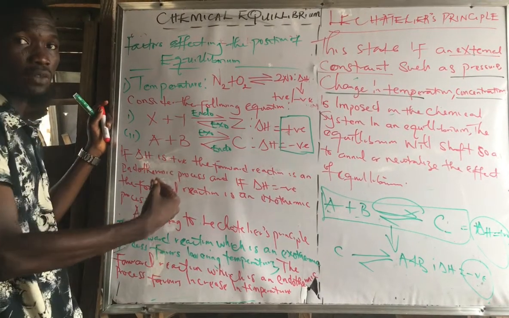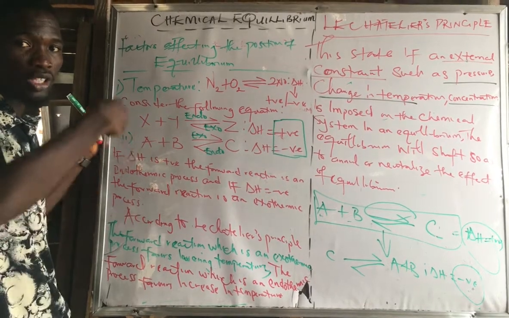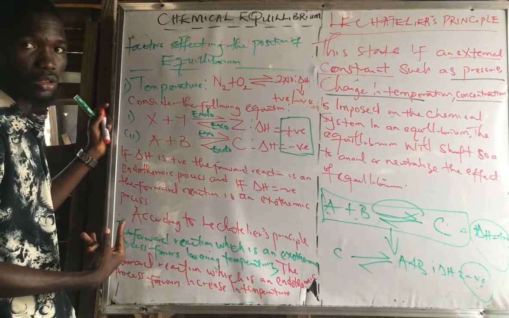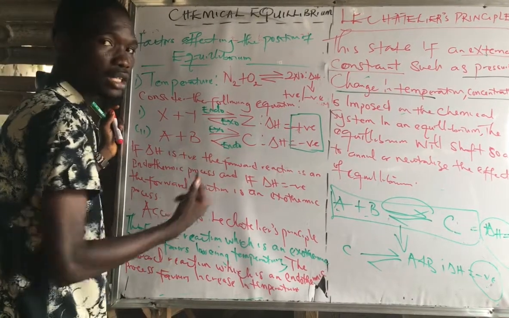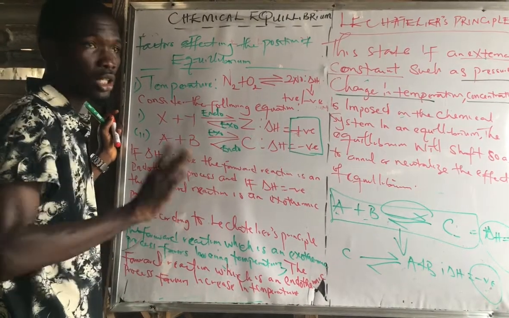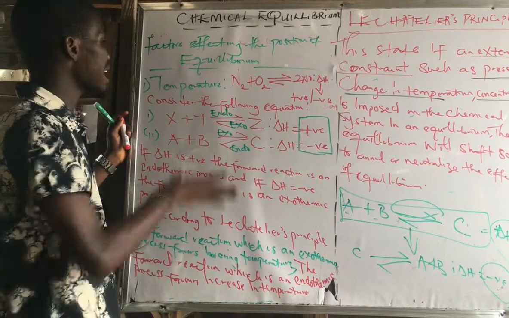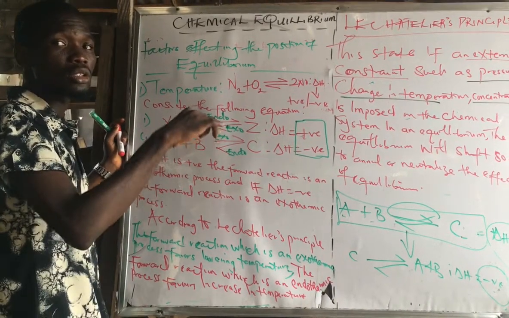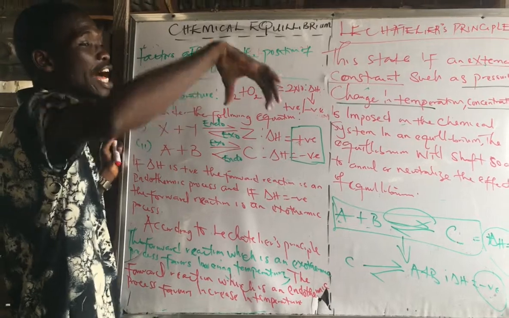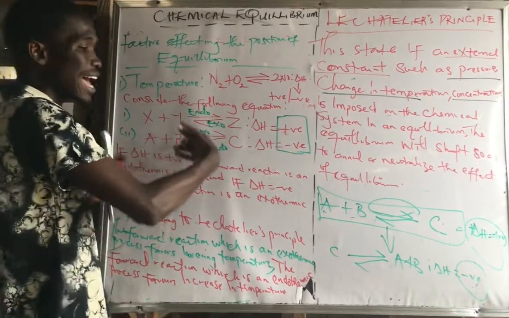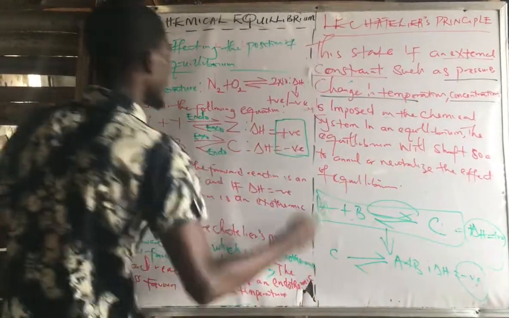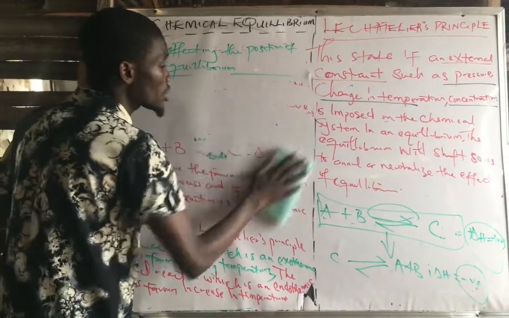If it is positive, you know that there is an increase in temperature. But if it is negative, there is a decrease in temperature. So that is the explanation on the effect of Le Chatelier's principle on temperature. Now, let's cite the second example. Second one.